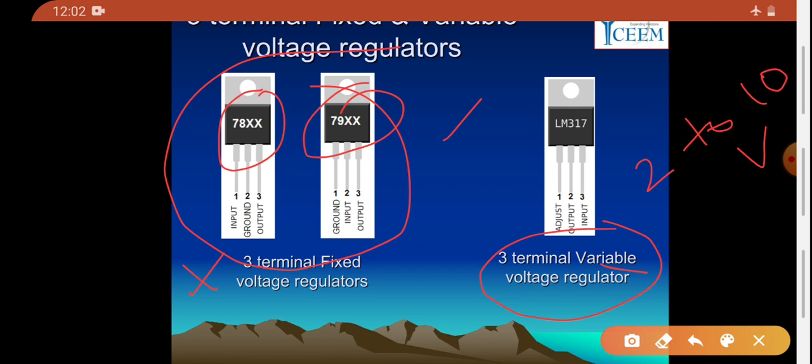For example, if the number is 7812, 78 stands for positive and 12 stands for output voltage plus 12 volt. If the number is 7912, 79 का मतलब है negative and the last two digits 12 mean 12 volt, so it will be minus 12 volt. So let us see one by one.